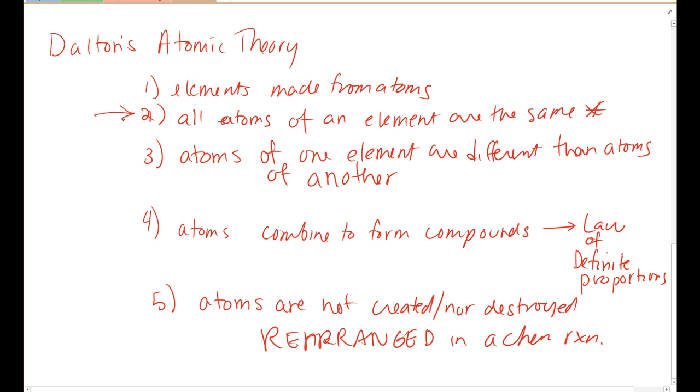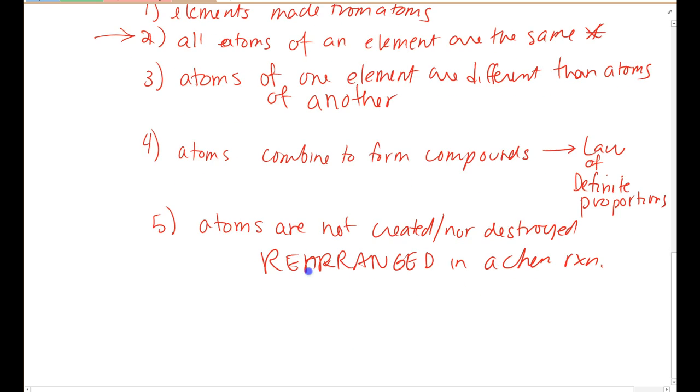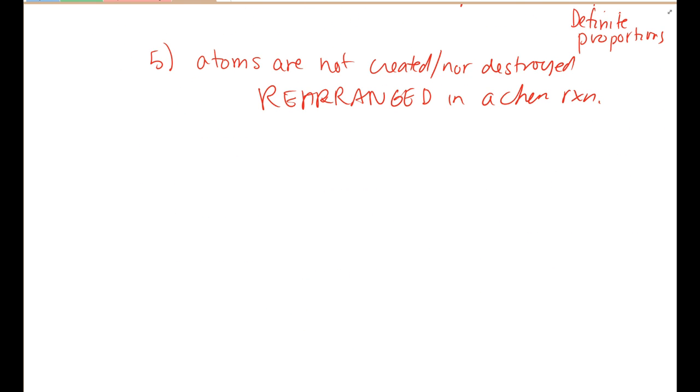Okay, so what that leads us to is this idea of isotopes, and that makes us have to modify this idea that all atoms of an element are the same. They are not all identical, okay?